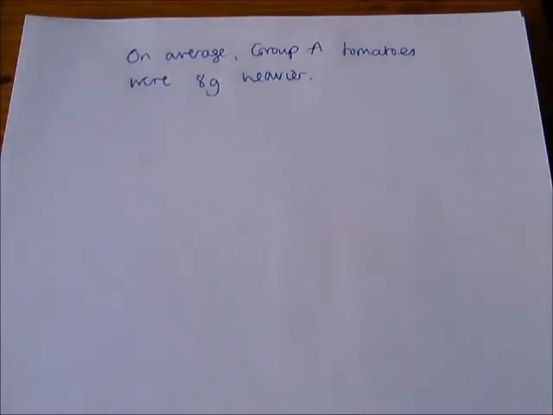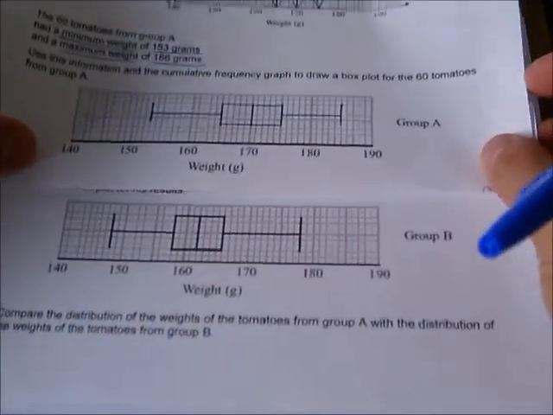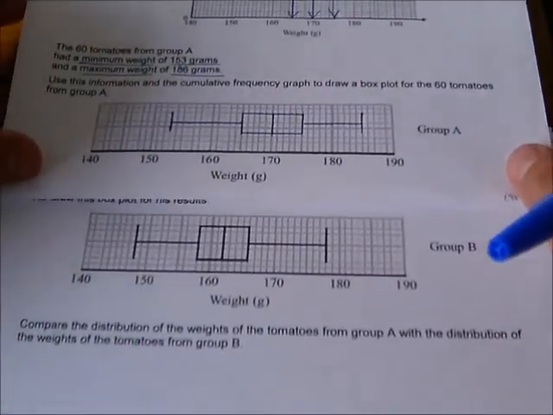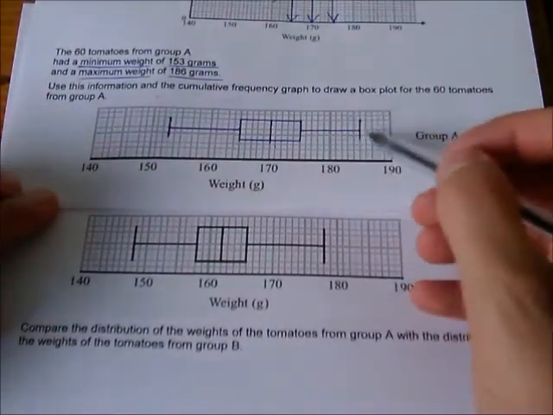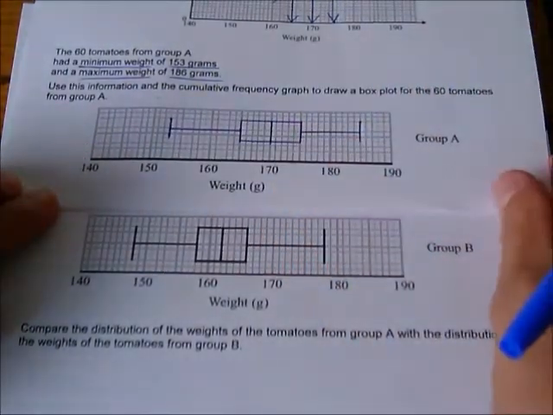So let's have a go at calculating the interquartile range for each of these box plots. This is something which is a good thing to calculate because the interquartile range tells you how spread out data is, but it ignores the sort of outlying values at the top end and at the bottom end of your box plot.